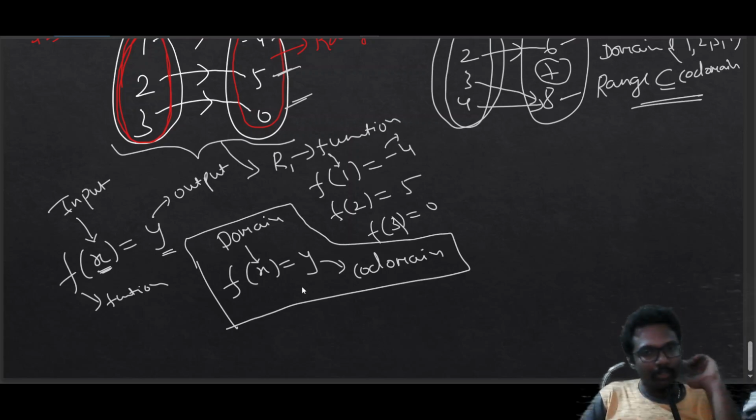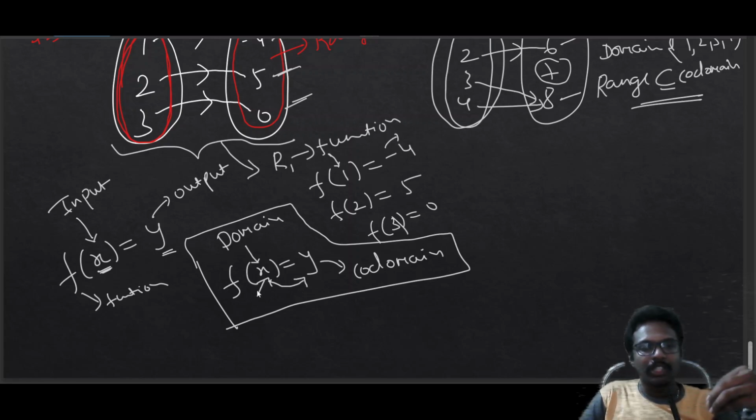We will write f of x equals y in upcoming videos. I am going to explain and solve problems based on this. In f of x equals y, the x part indicates the input. We input something, and after inputting we get some output.